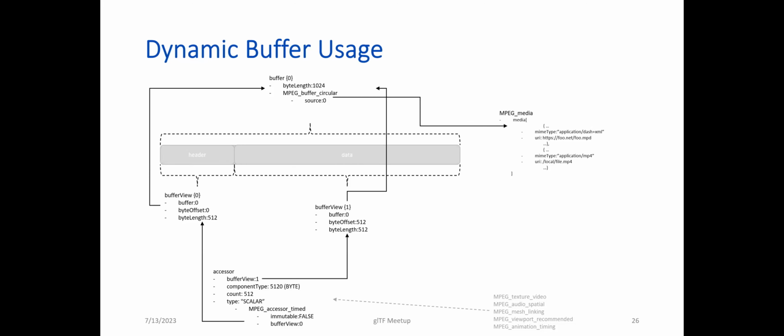So that's what this dynamic accessor or timed accessor provides. In a sense, it gives you the capability to provide an additional buffer view, which points into a section of the buffer that contains the dynamic parameters. So that's the whole idea there. But of course, that's optional, just in case you don't need it.